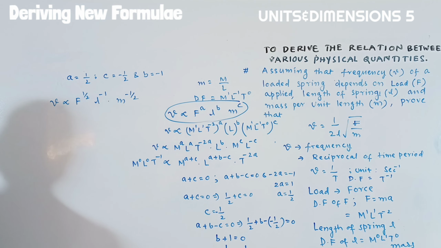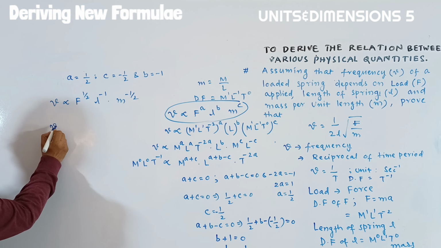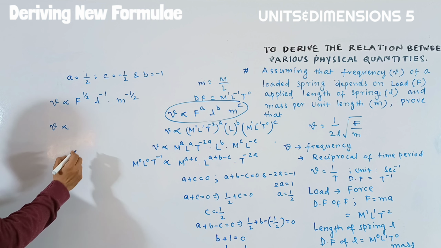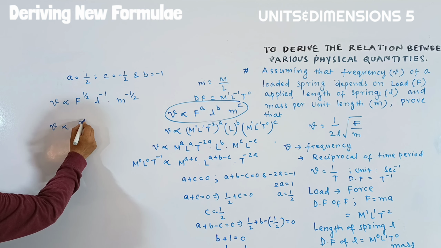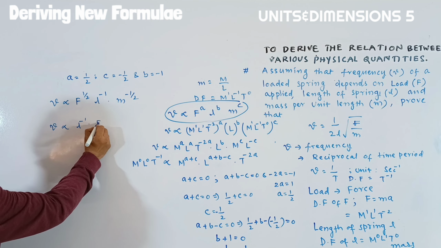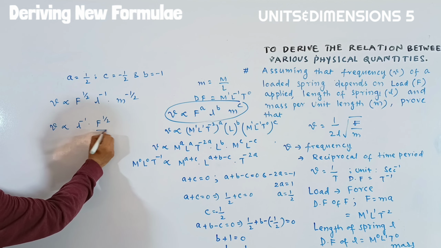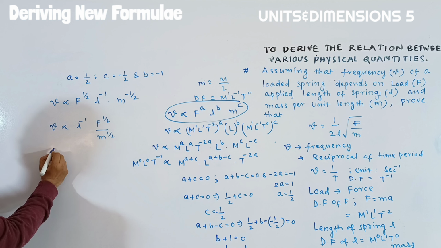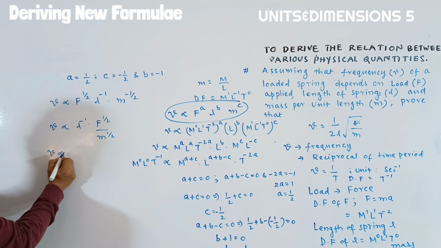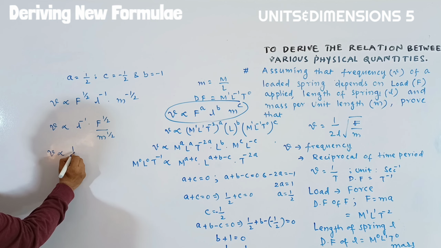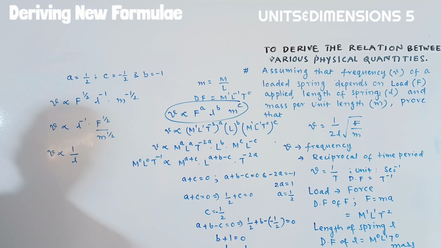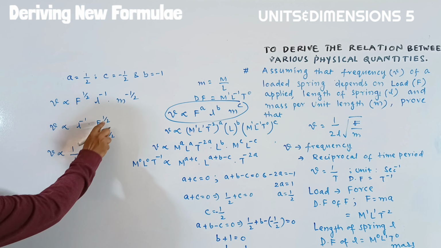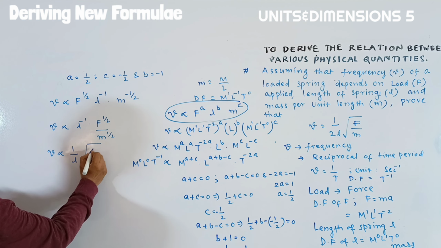Okay, students, and it can be written as nu is proportional to L inverse into F to the power of half by M to the power of half. I brought it down. Then L inverse can be written as 1 by L, and 1 by L I am writing in the root F by M.